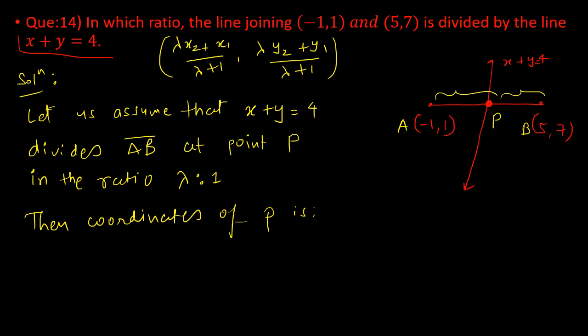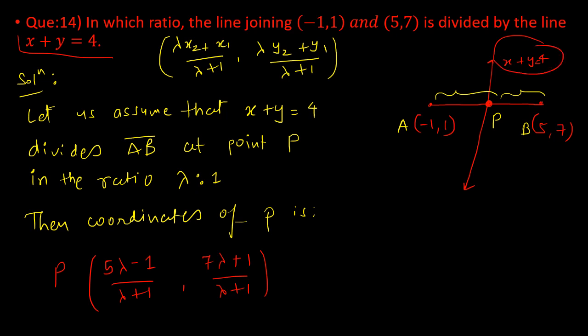According to this formula, the coordinates of P will be 5 lambda minus 1 upon lambda plus 1 comma 7 lambda plus 1 upon lambda plus 1. Now you can see that this point P lies on the line x plus y equal to 4.